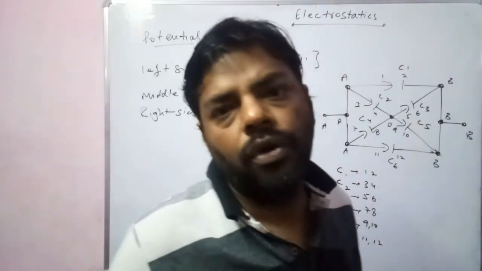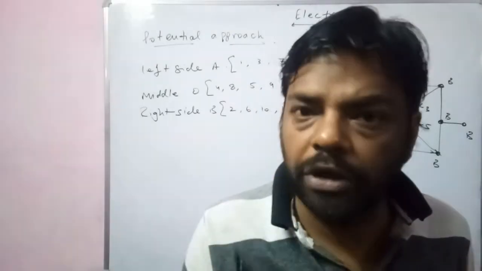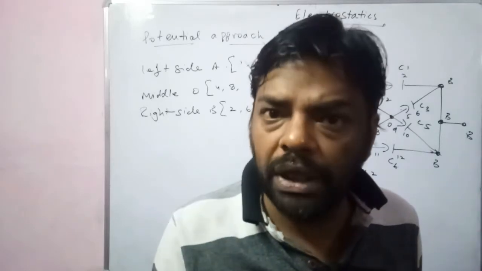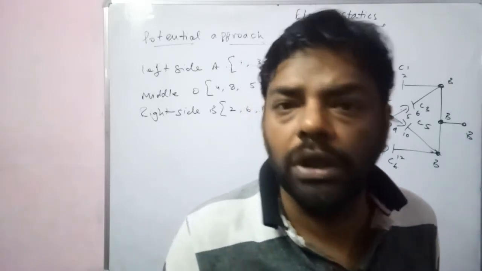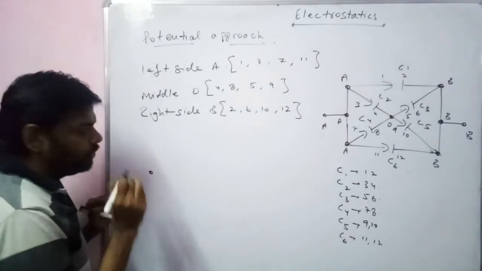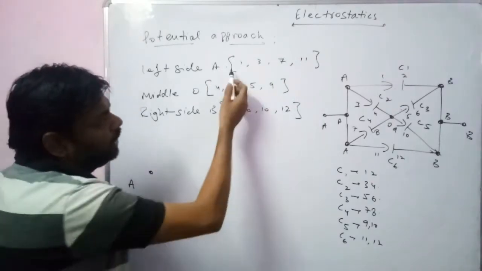Now what do you have to do? We have to rebuild the circuit again. Okay? How to rebuild the circuit? We are going to rebuild the circuit between the points A and B with the point O in between. Let us suppose it is the point A. With the point A, we have to connect these 4 plates.